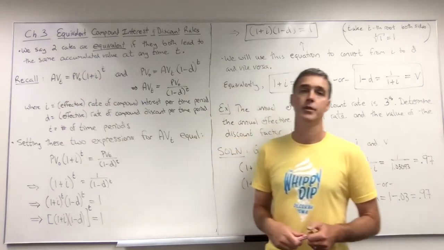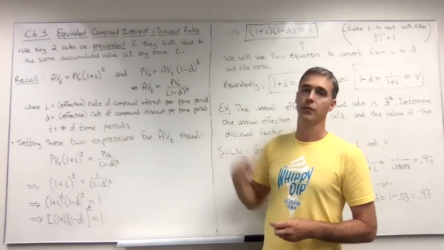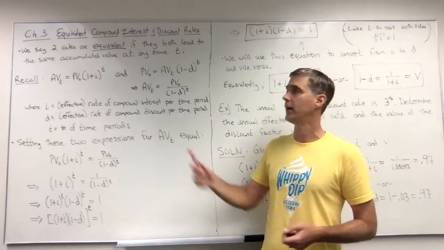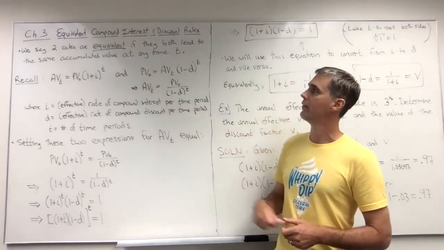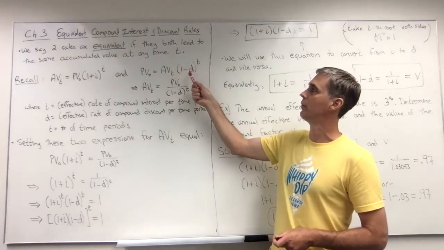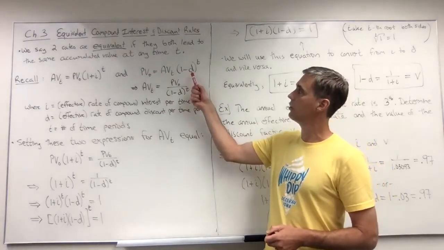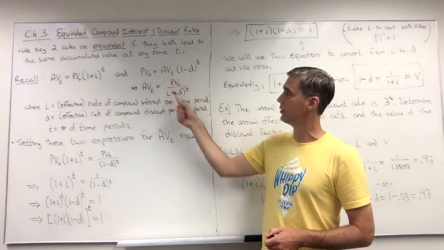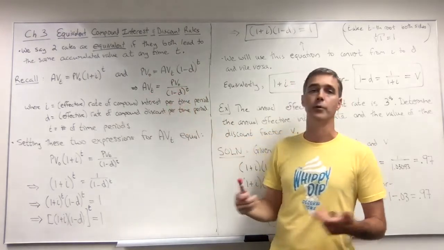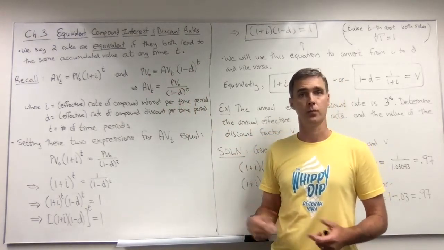For compound discount, the basic formula we had memorized was for the present value. Our present value is arrived at by taking the accumulated value and multiplying by (1 - d) to the tth power. But I could divide the (1 - d)^t underneath the PV0, and I now have an accumulated value with discount, okay?